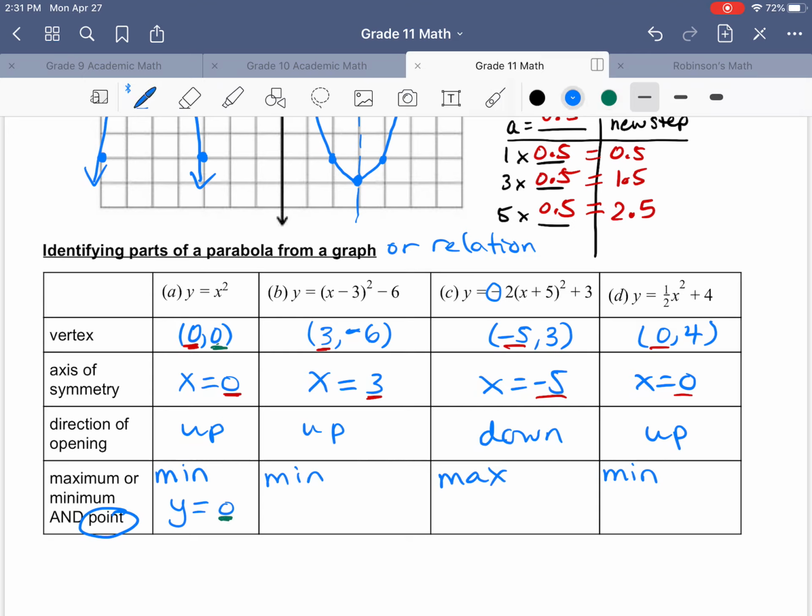Our second one, we have y is equal to negative 6. Our third one, we have y is equal to positive 3. And our fourth one, y is equal to positive 4.